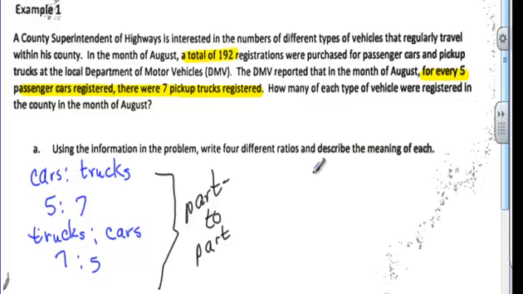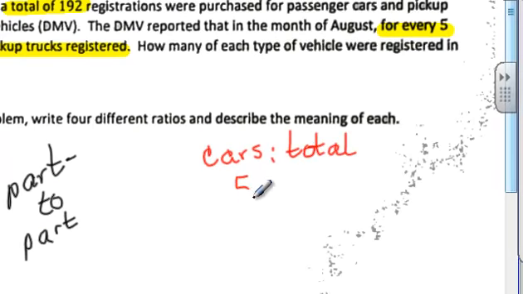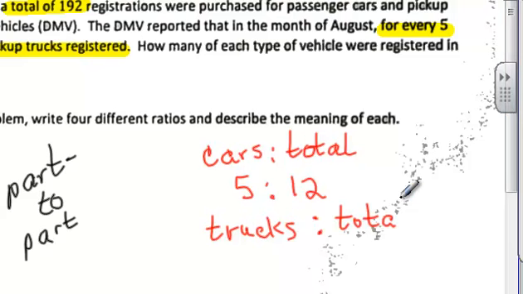We also can compare the cars to the total number. So we have 5. Total number of vehicles would be 5 plus 7 is 12. Okay, and we can also compare our trucks to our total. So we had 7 trucks.